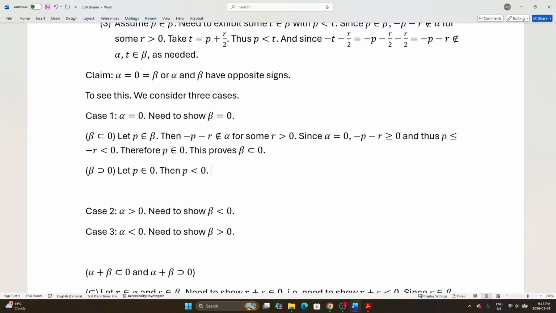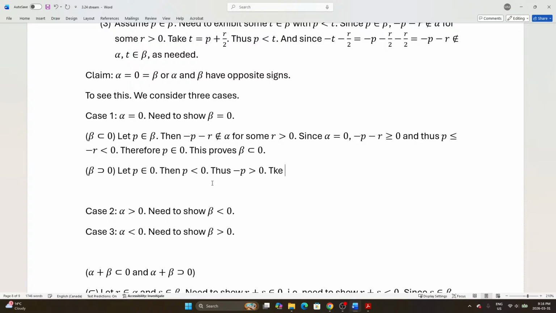To show that P is in beta, we need some R positive. Minus P is positive, and therefore minus P minus half of minus P.